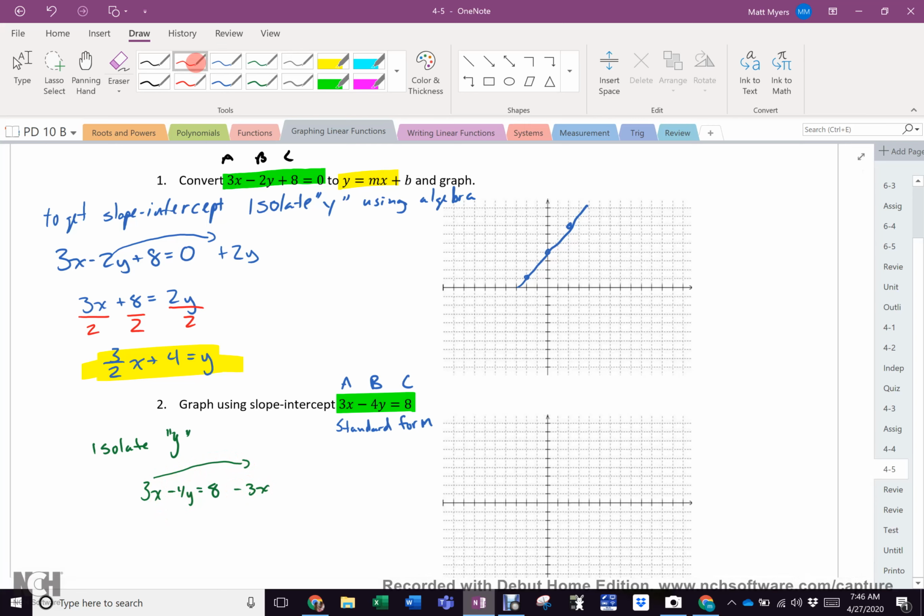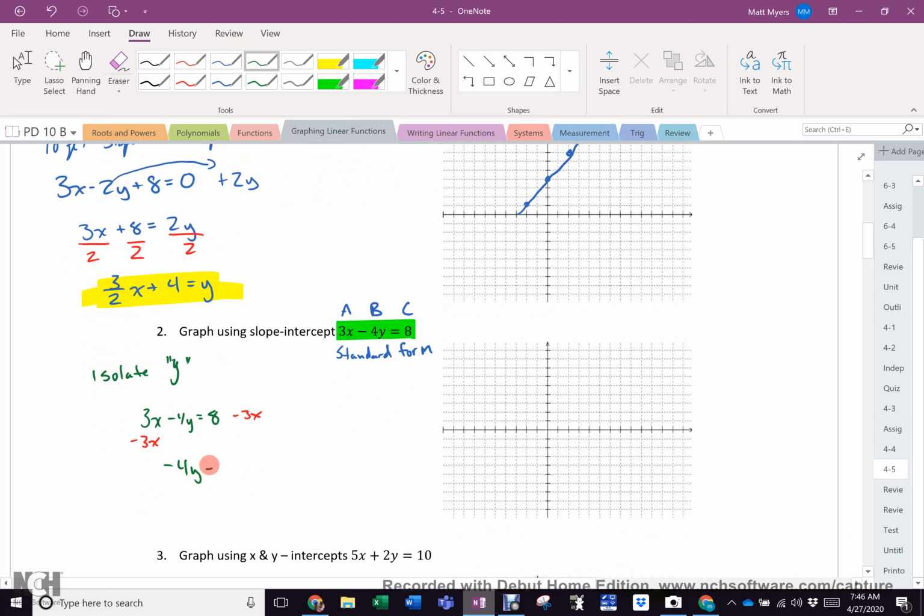Because if I was doing it the old-fashioned way, the way I was originally taught algebra, I might minus 3x there, which means I'd have to minus 3x over here. They're the same thing. So now I've got negative 4y equals negative 3x, and there was already a positive 8 there. Now how do I get rid of that negative 4? I divide by negative 4.